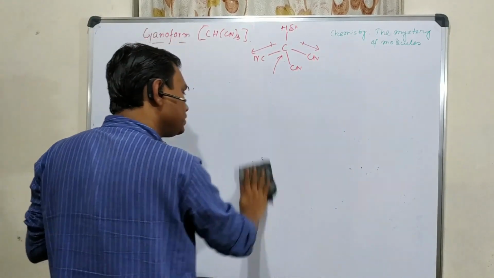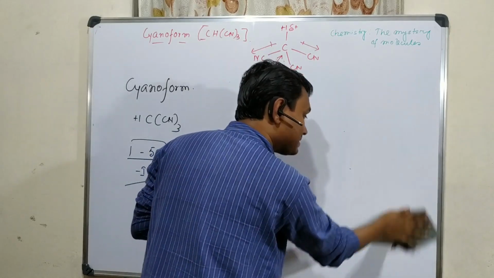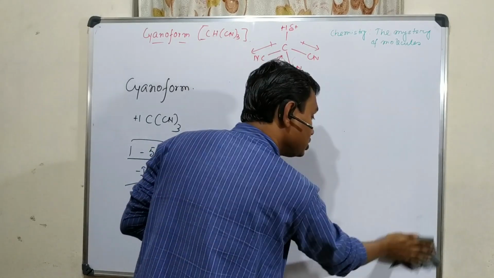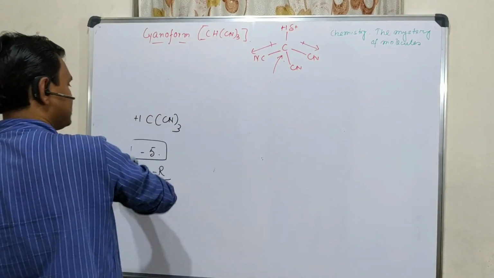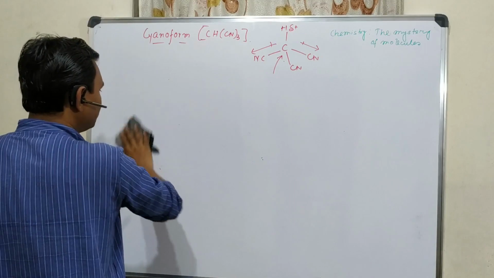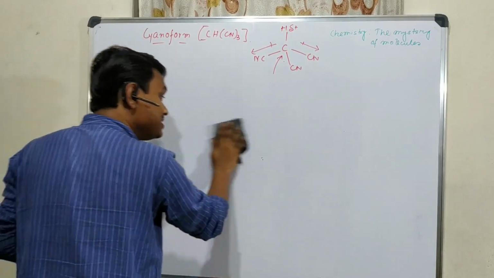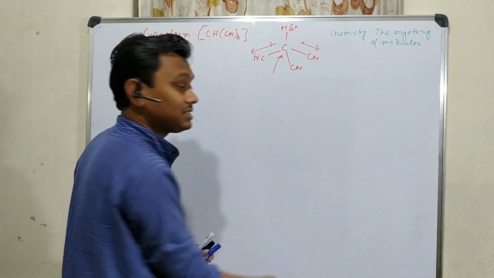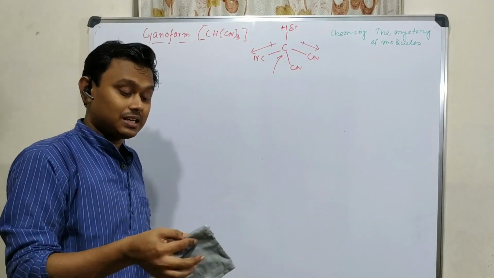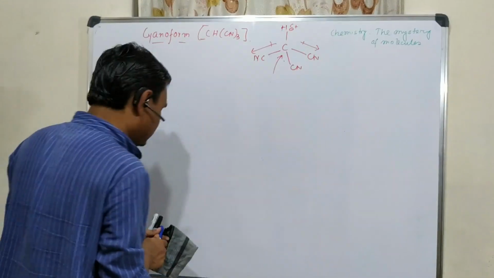What message do I want to give you here? That if strong withdrawing effect, or more precisely strong withdrawing or delocalization by resonance is possible, then it is possible to stabilize the negative charge on carbon itself, similar to a strong acid, like a derivative of sulfuric acid, that is paratoluene sulfonic acid.